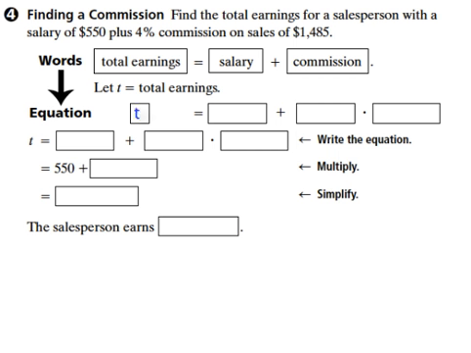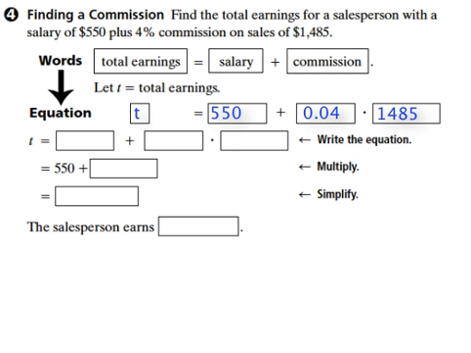So we're going to let T equal their total earnings. We'll fill in the equation here. Their salary was $550. The commission rate was 4%, so we use 0.04, and the sales was $1,485.